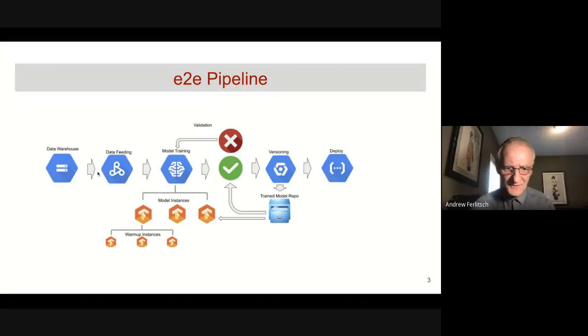And you have some method of feeding or drawing data from the warehouse and feeding it into the system that's training the model. And today, unlike the past, we don't train a single instance of the model. We're likely training multiple instances of the model, probably using different hyperparameters. For example, doing automatic hyperparameter optimization.